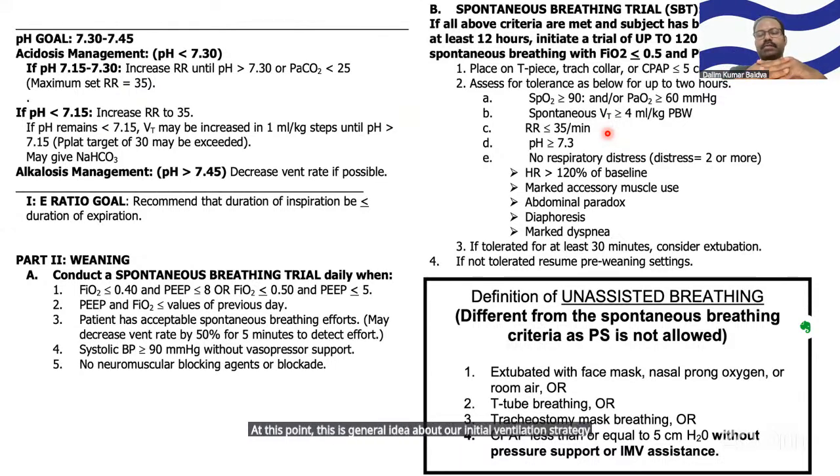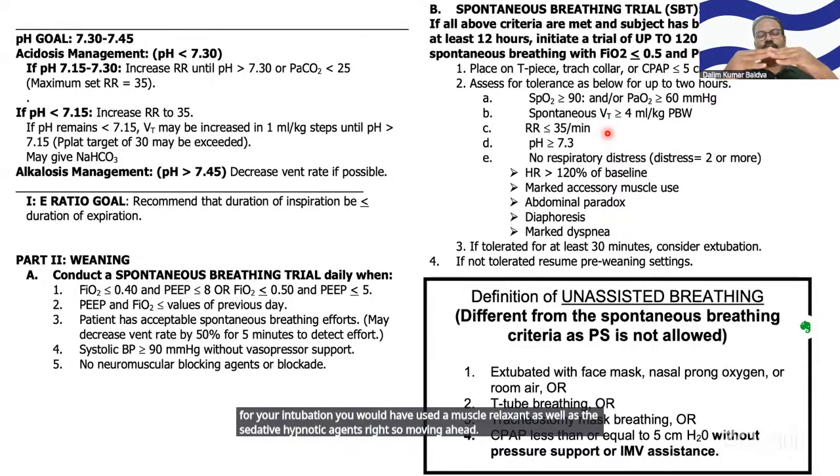Now, for intubation, you would have used a muscle relaxant as well as sedative hypnotic agents, right? So moving ahead, would you like to use a muscle relaxant continuously in this patient, Srishti?